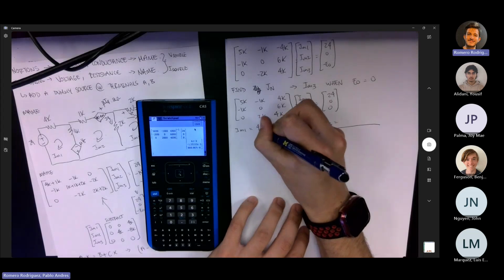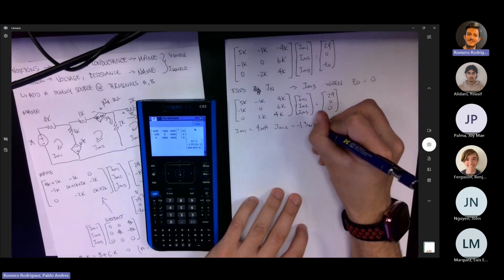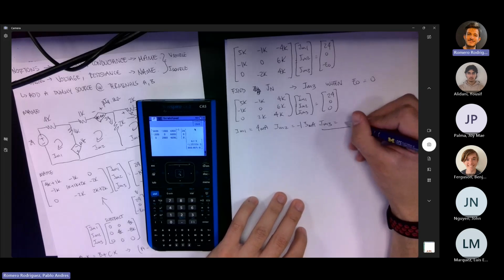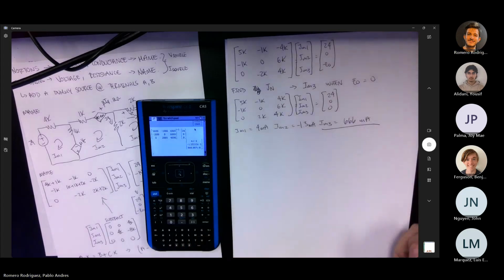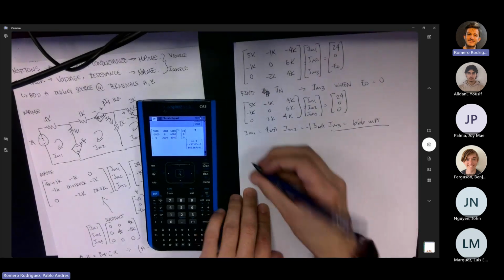So you get 4 milliamps, negative 1.3 milliamps, and 666 milliamps. So then that current is going to be 666 milliamps.